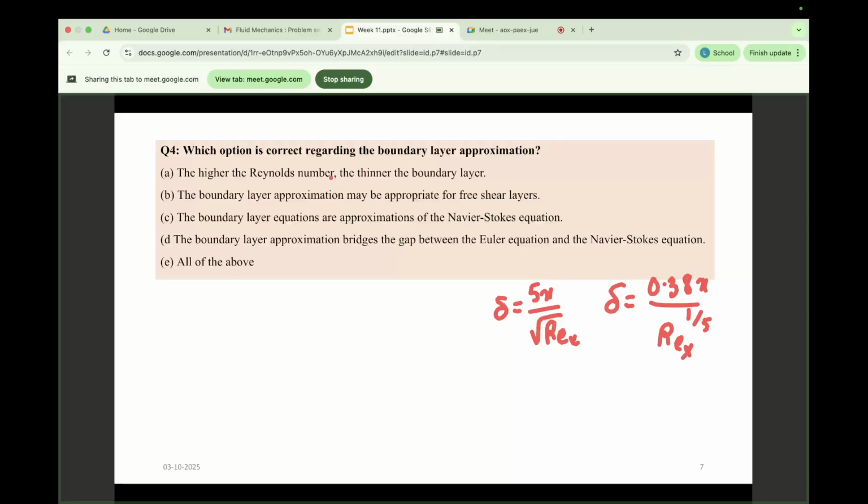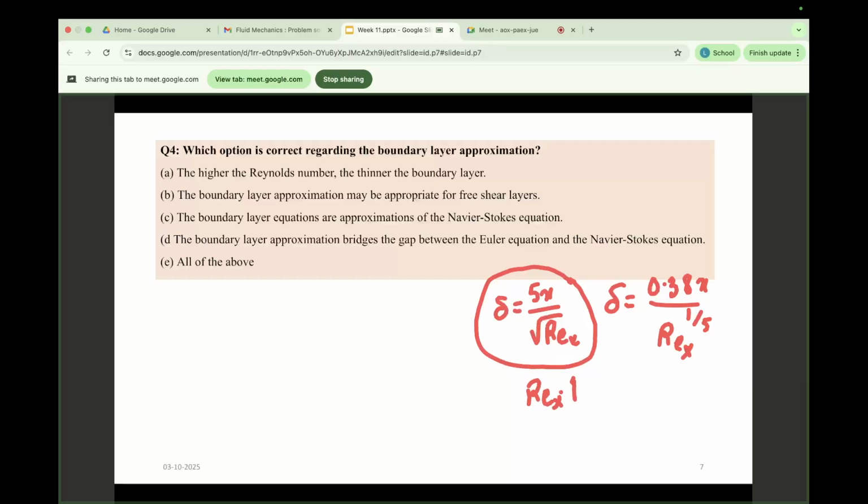If the Reynolds number is high, if I talk only about this first one, for your understanding, that indicates this thickness should be less.